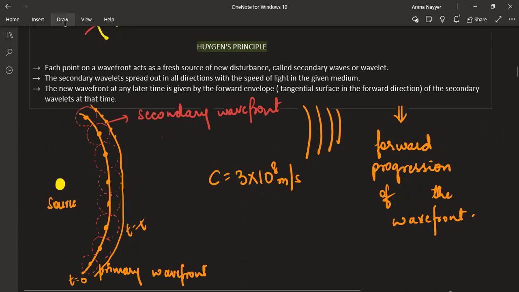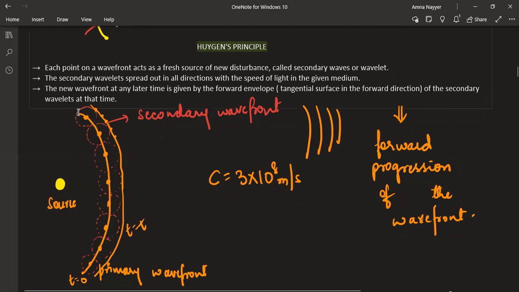Firstly, you'll mention all these terms. Each point on a wavefront acts as a fresh source of new disturbance, which we call secondary waves. Then these secondary waves spread in all directions in the given medium. Then new wavefronts form when you draw the forward envelope, meaning dropping a tangent on the secondary wavelets. This is the source. These are the primary wavefront that are formed.